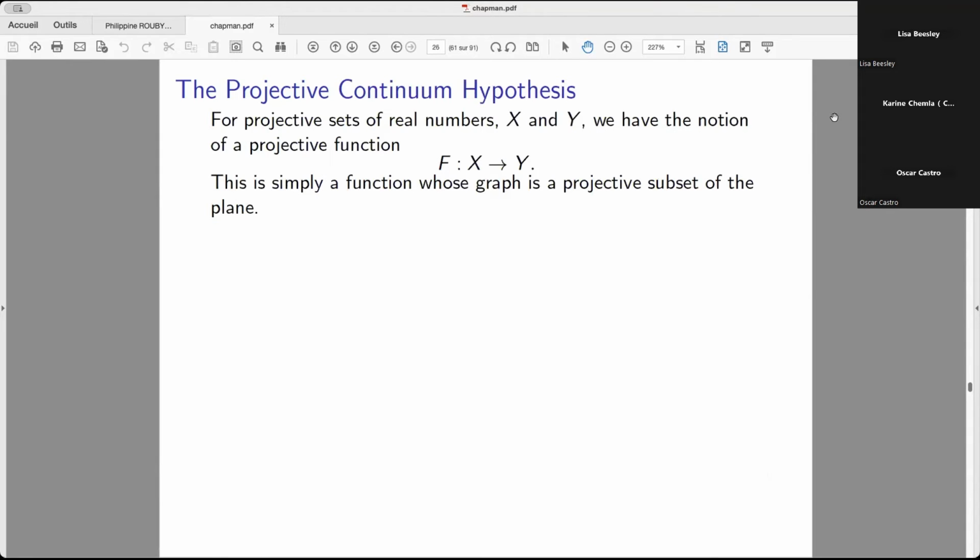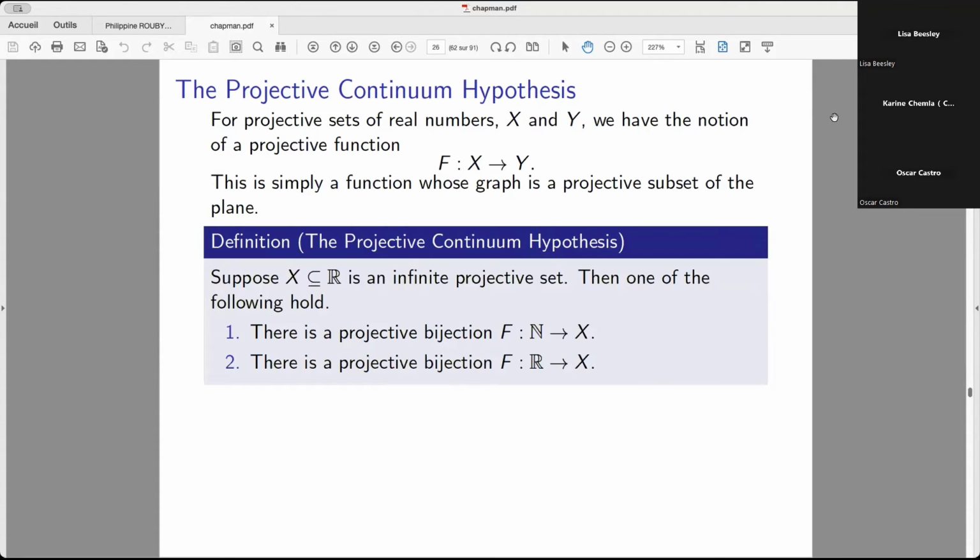Well, we can do the same with the continuum hypothesis. Recall the continuum hypothesis is the assertion, Cantor's continuum hypothesis, that if you have an infinite set of real numbers, it's either equinumerous with the natural numbers or equinumerous with the real numbers. Well, we can just take that statement and projectify it.